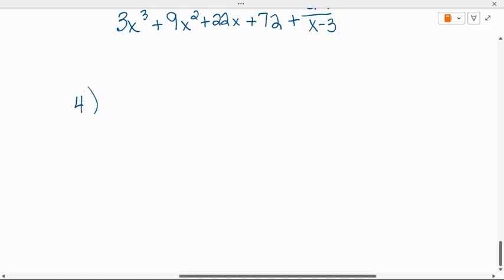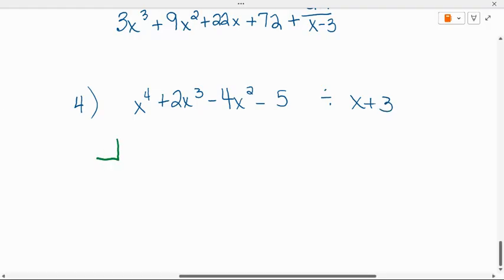Number 4 is x to the 4th plus 2x cubed minus 4x squared minus 5, and this is going to be divided by x plus 3. So if my factor is x plus 3, what is my root? Negative 3.